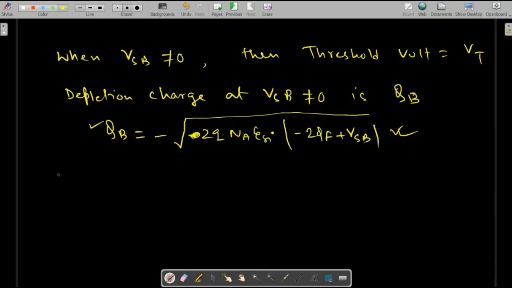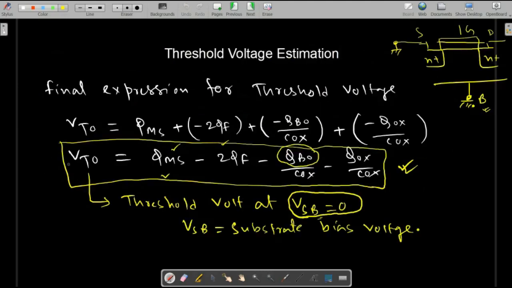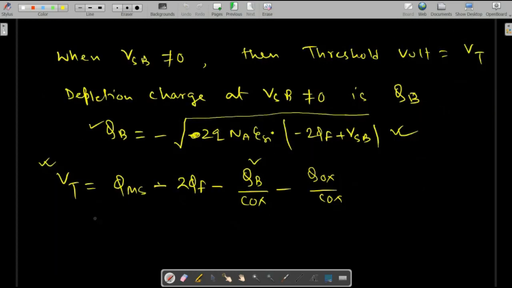Okay. So then we can write the expression for Vt, it is same as phi ms minus 2 phi f minus, instead of writing QB0, I am writing QB by COX minus QOX by COX. So only change is here. Okay, QB by COX. Now, if I want to write this Vt in terms of Vt0, because the Vt0 expression is there, I can write this expression in this way.